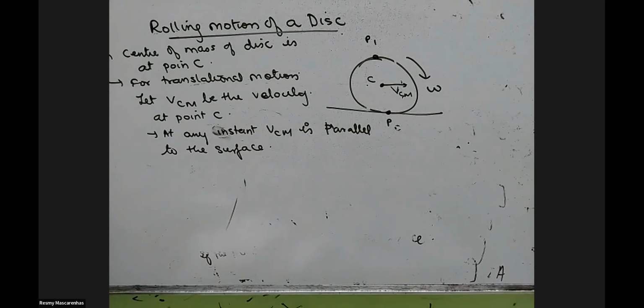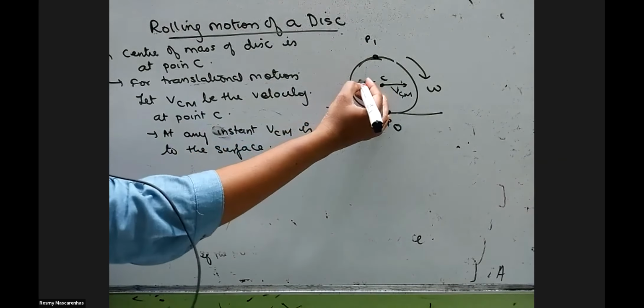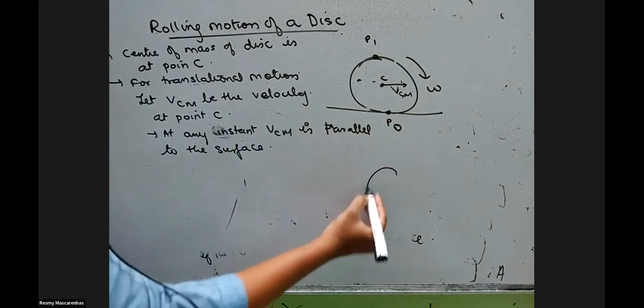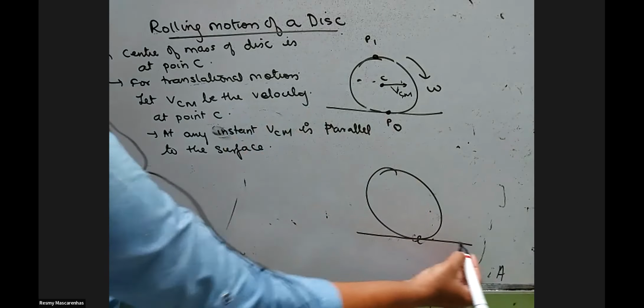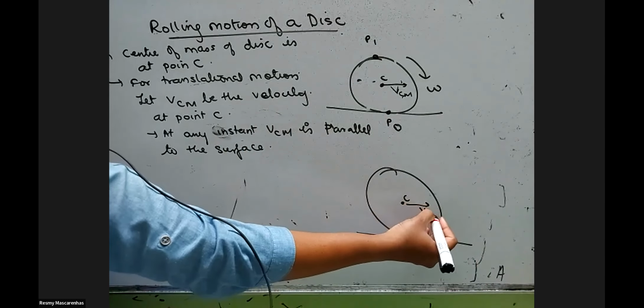This is what happens at the center. Now consider any point P, another point, P2, another particle away from the center of mass. I'll draw another diagram. This is the center of mass we have considered, and it is at Vcm.